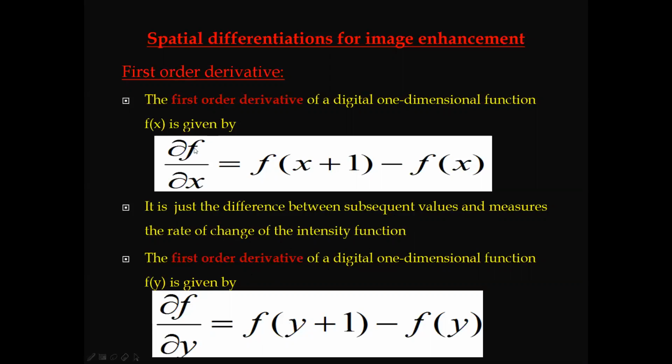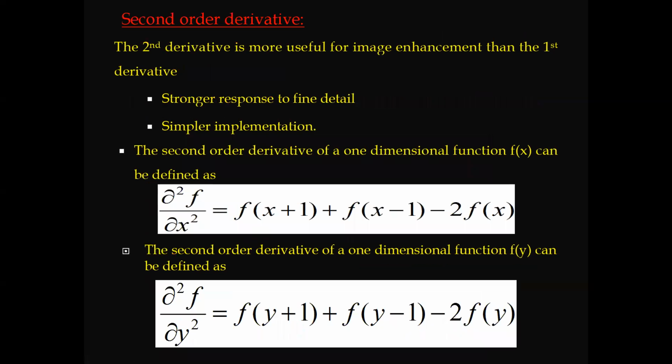Here, these two first order derivatives are towards the x direction as well as the y direction. Towards the x direction, the first order derivative will be dou f by dou x, whereas towards the y direction, it will be dou f by dou y.